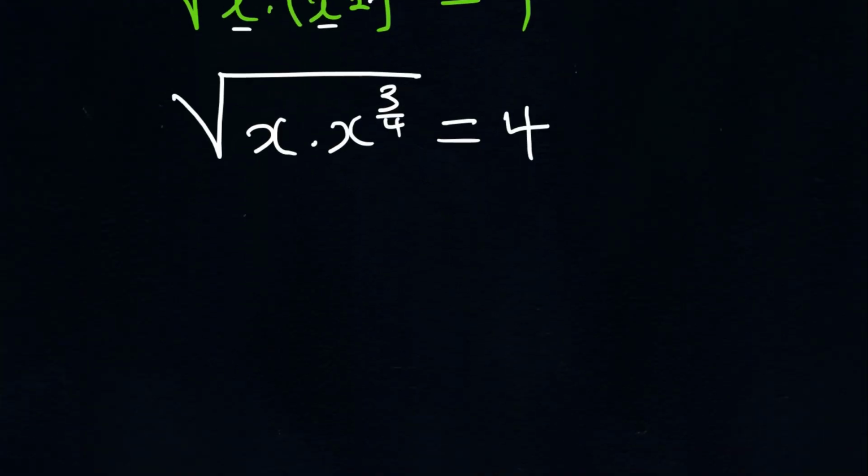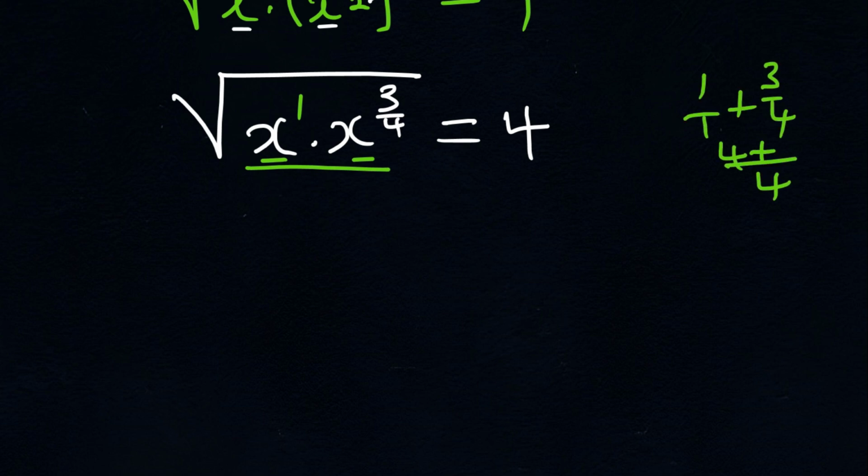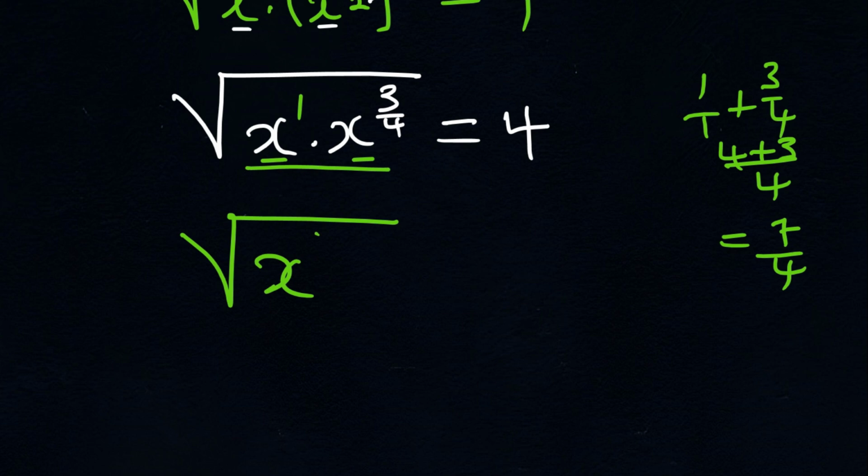So the next thing will be to simplify whatever we have within the square root. So we have got the same bases that are multiplying each other. We add their exponents. So 1 plus 3 over 4. So this is going to give you the square root of x to the power 7 over 4 is equal to 4.